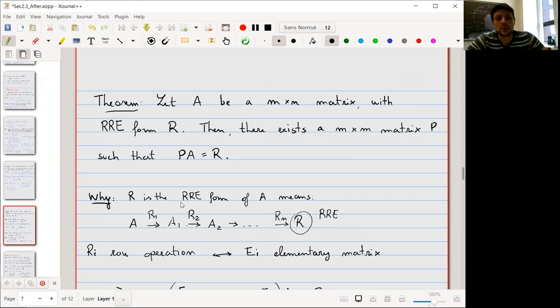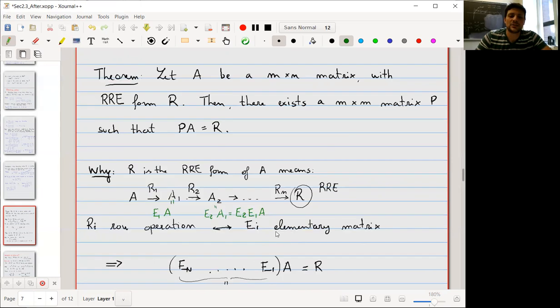And we know from what we've been discussing that A1 is nothing but E1 times A, where E1 is the elementary matrix associated with R1. So A2 will be E2 times A1. But A1 is E1 times A, so this would be E2 E1 A.